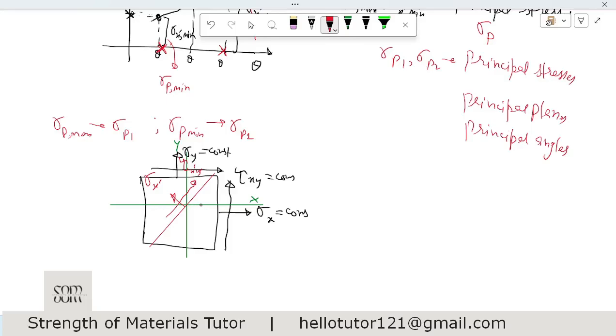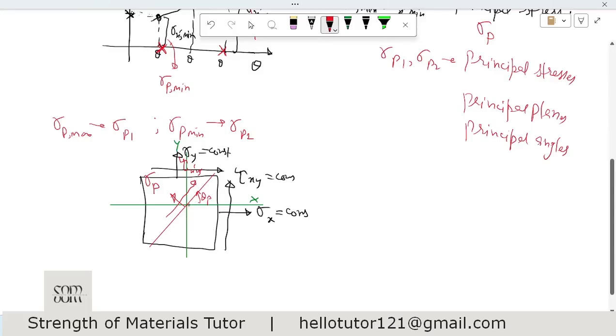Let us say this is the angle, so we call it theta p, principal angle, because let us assume that at this angle we have this maximum. So this theta p, and this is the plane, principal plane, because this is the plane where we have the maximum of sigma x prime. But since it is the maximum, we will not call it sigma x prime, we will call it sigma p.